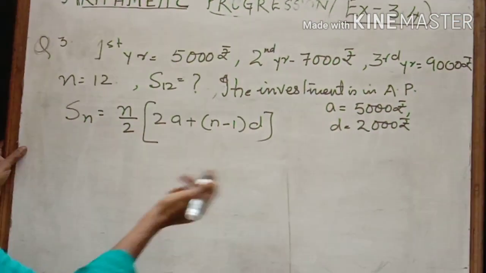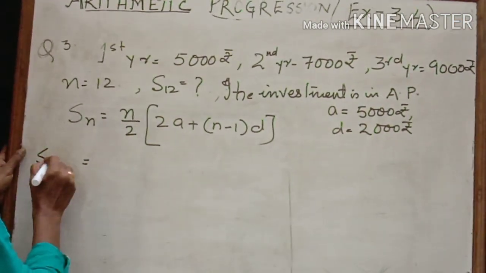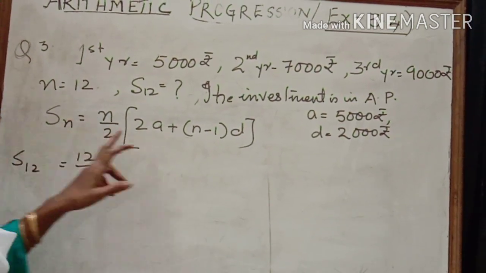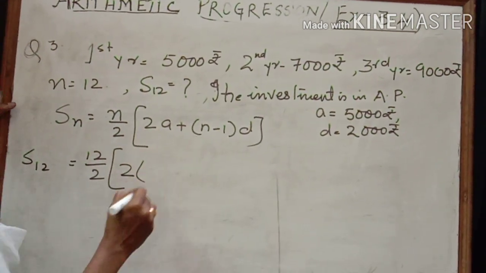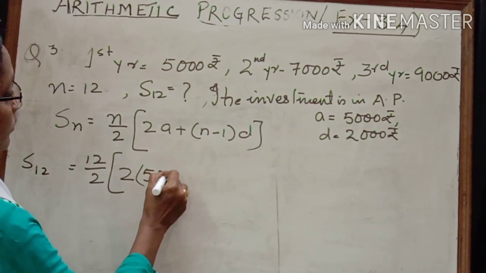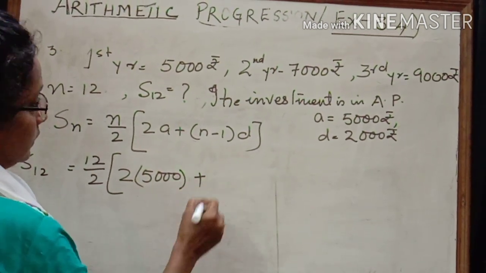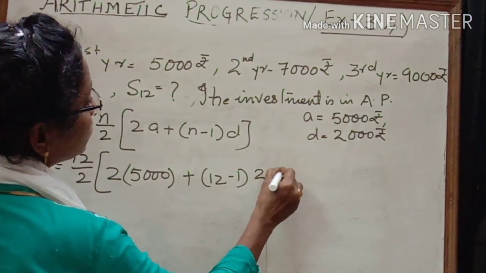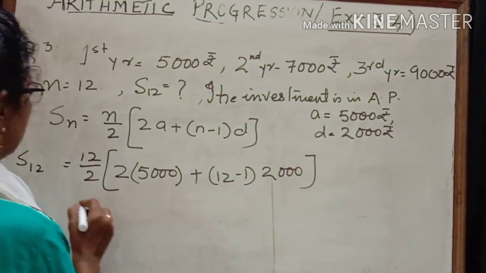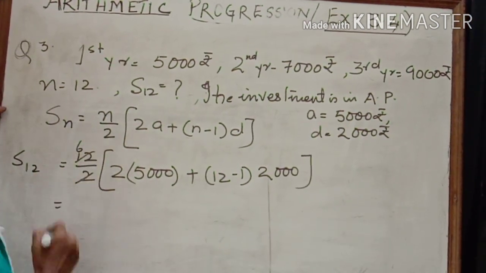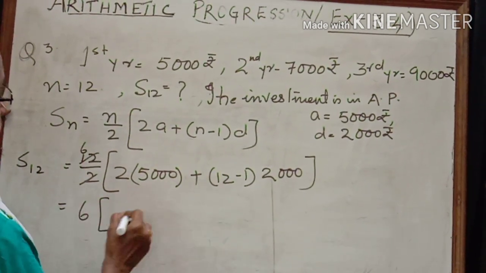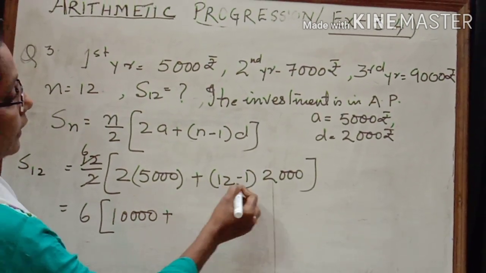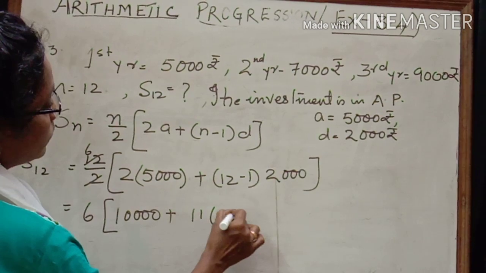So now we will put the values here. S12 is equal to 12 upon 2 into 2 into 5000 plus 12 minus 1 into d, which is 2000. So 6 into 10,000 plus 11 into 2000.